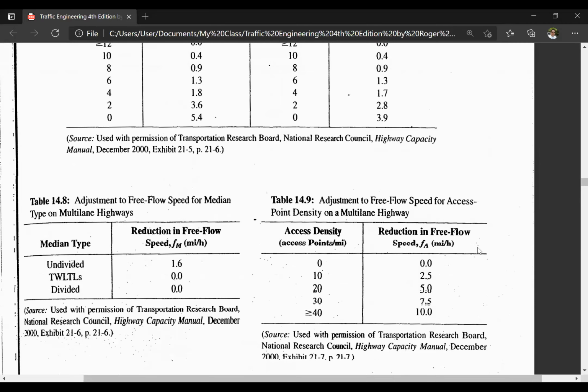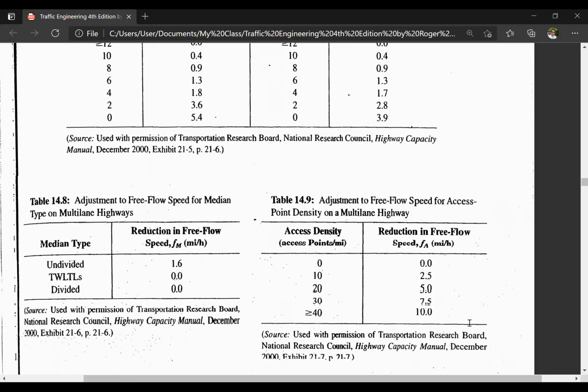For the density of the access points, you look at table 14.9. Number of access points in 1 mile: 0, none; 10, 2.5 reduction.